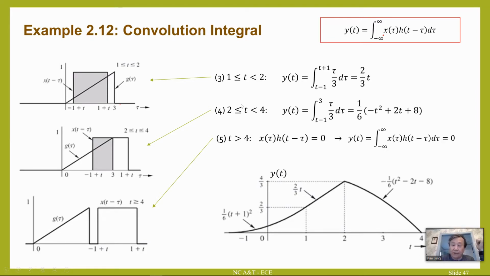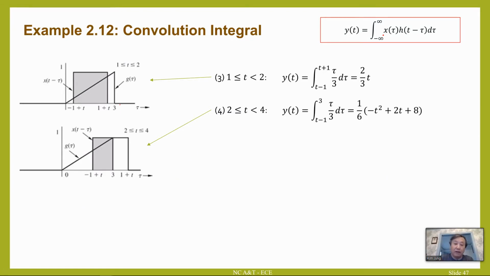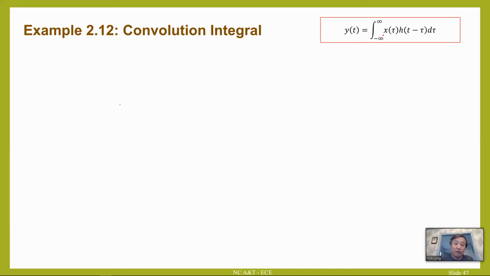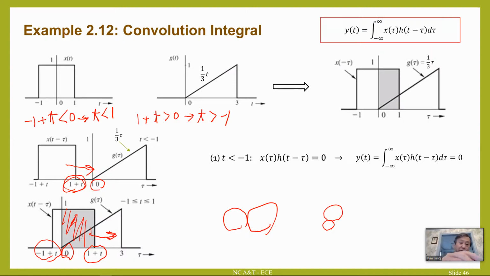And the third one is 2 to 4, where we have 1/6 times (minus t squared plus 2t). So we can graph it like this. This is the output, the zero state response between x of t and g of t.